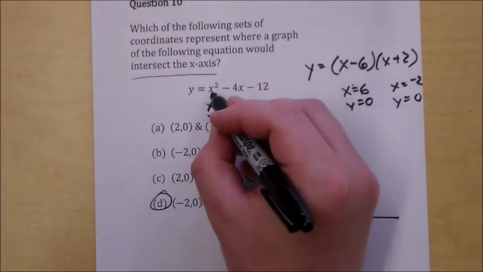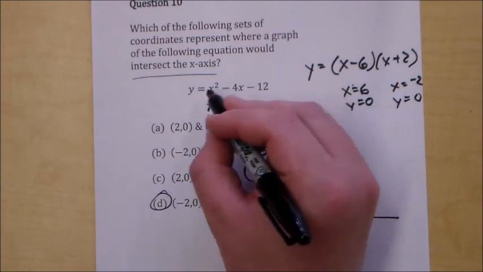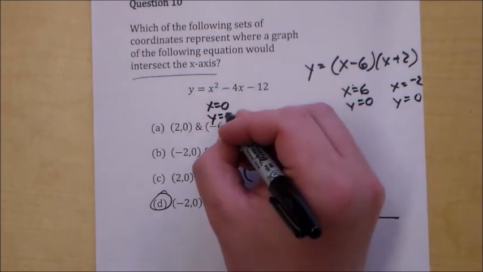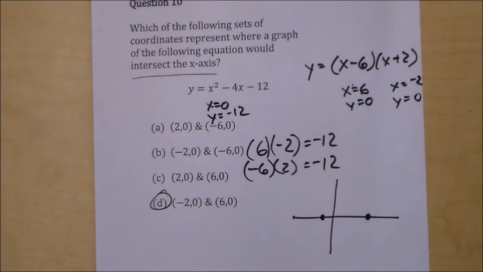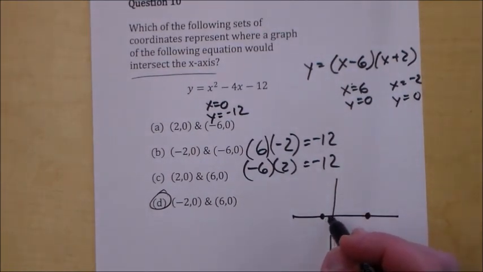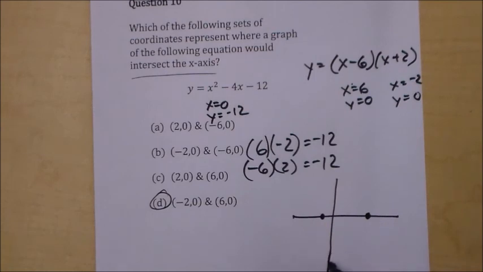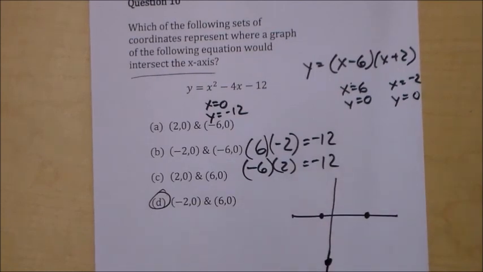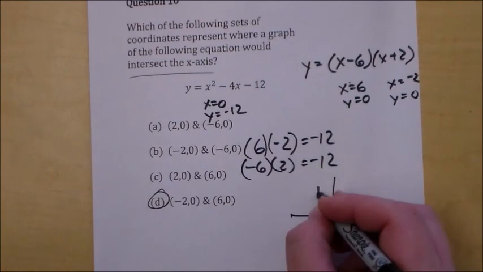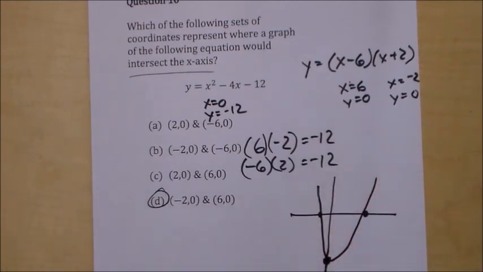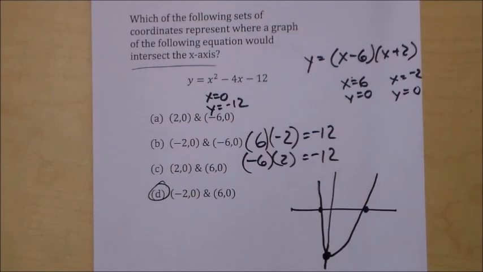Well, if we plug in 0 squared, that's 0, minus 0 is 0, minus 12, y would be minus 12. So we have y equals minus 12 when x equals 0. So that'll be way down here. And again, that's a rough sketch of our graph. We're good to go.